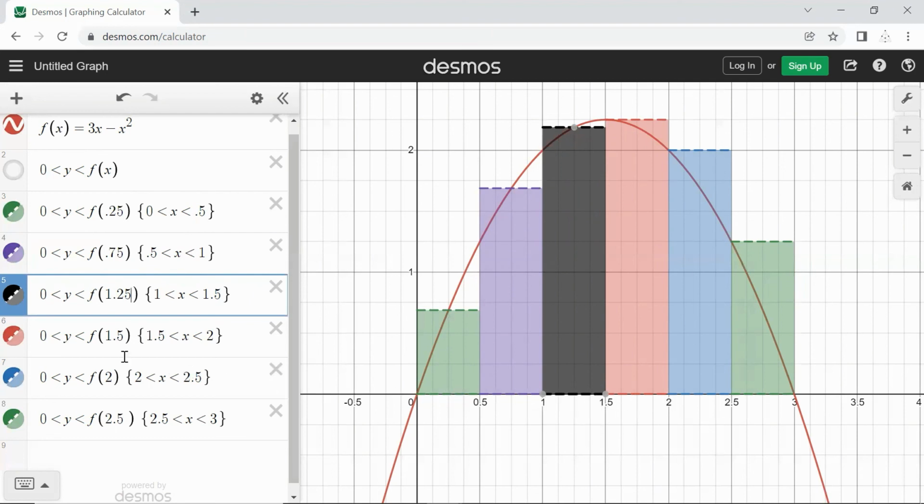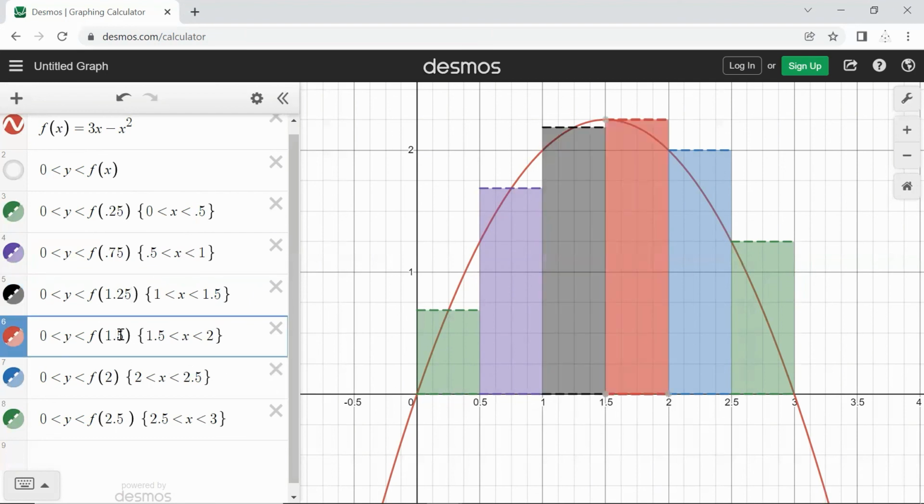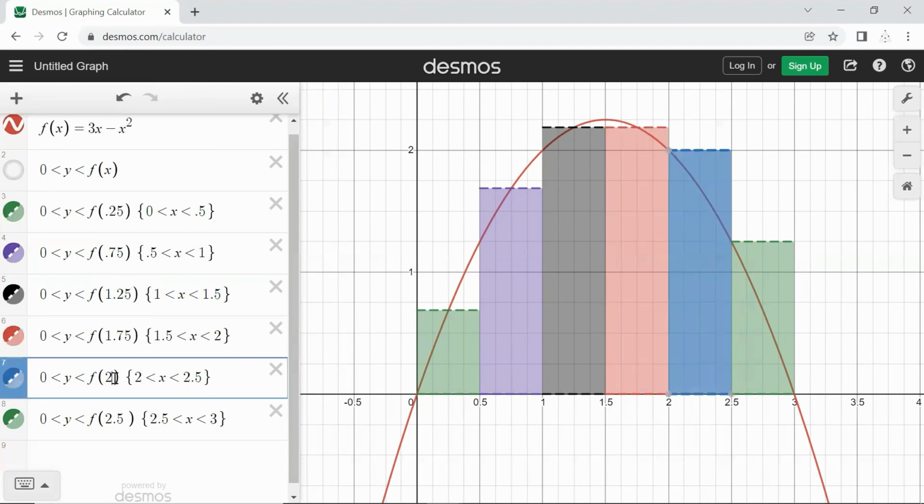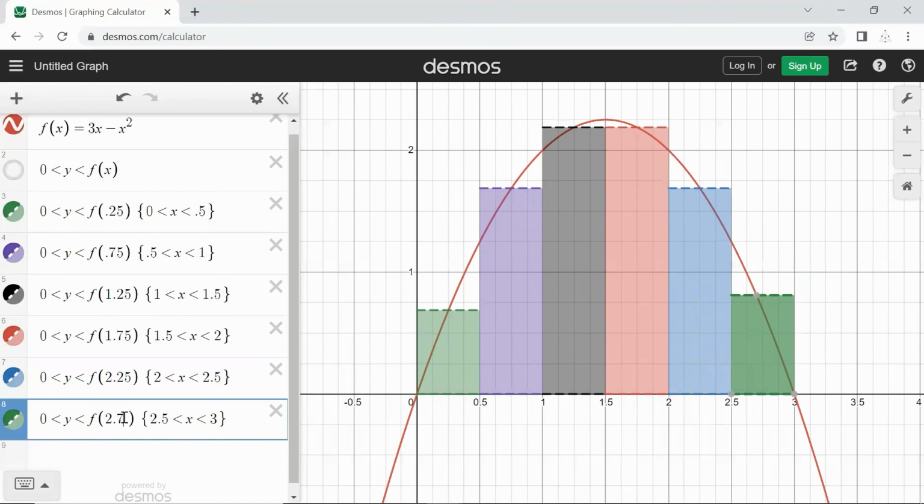From 1.5 to 2 is 1.75 as the midpoint. From 2 to 2.5, that's 2.25 is the midpoint. From 2.5 to 3, 2.75 is the midpoint.